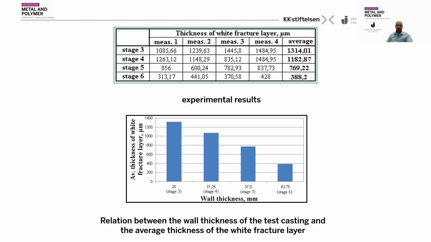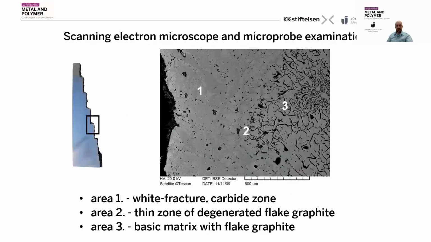Of course, it's not only the wall thickness of the casting. It might have something to do with the metallostatic pressure, because it will be higher in the lower parts of the casting and decreasing upwards. But it was quite interesting that the relation is quite straightforward when it comes to these features.